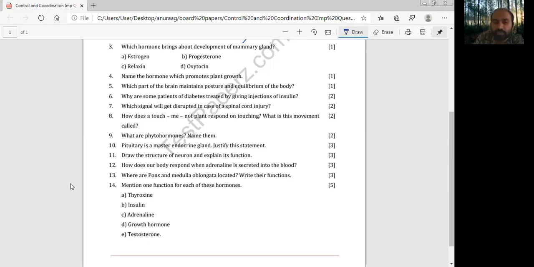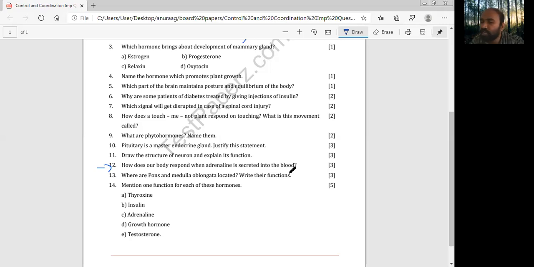And going to the 12th question: how does our body respond when adrenaline is secreted into the blood? As I told you, adrenaline is produced by the adrenal gland. The adrenal gland produces adrenaline and it's directly given to the blood. Why? Because in the endocrine system it is definitely the bloodstream. Then this adrenaline hormone goes to the heart and makes the heart work harder.